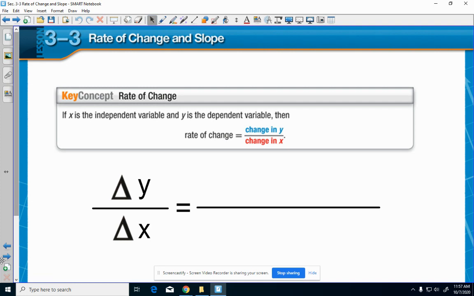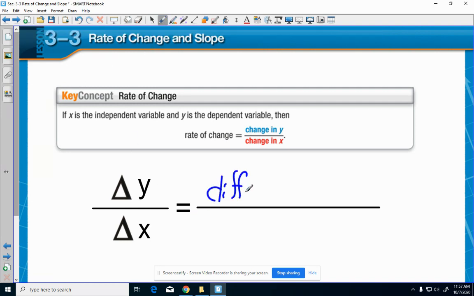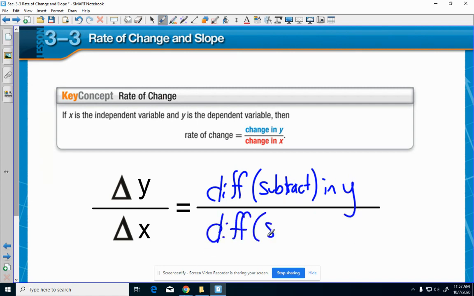So delta stands for the change in something. And how do you find the change? You subtract. So maybe think of it this way: the difference, or the subtraction, in our y values, and the same would be true here, the difference or subtraction in our x values.